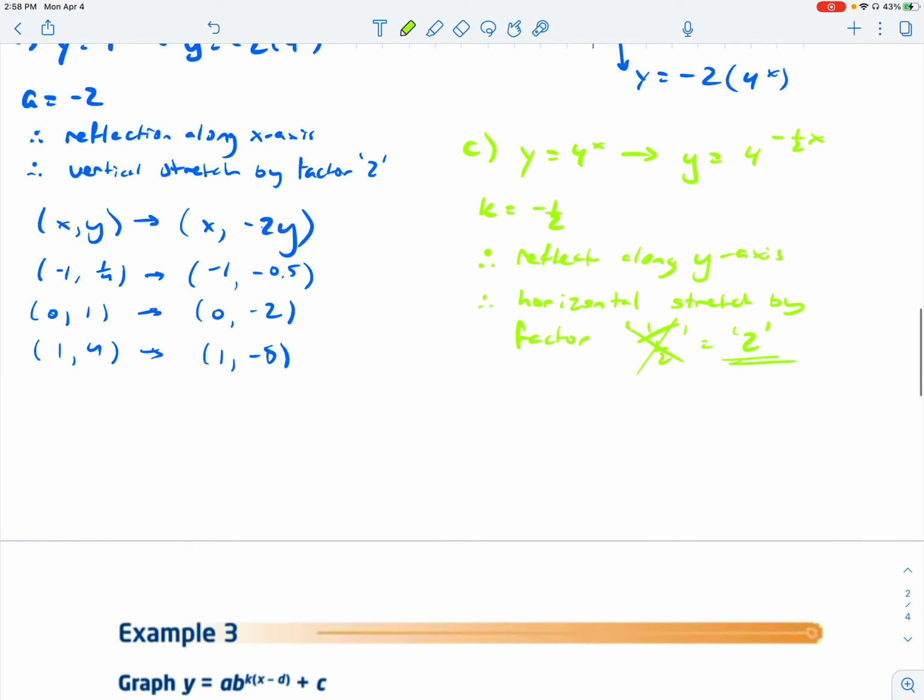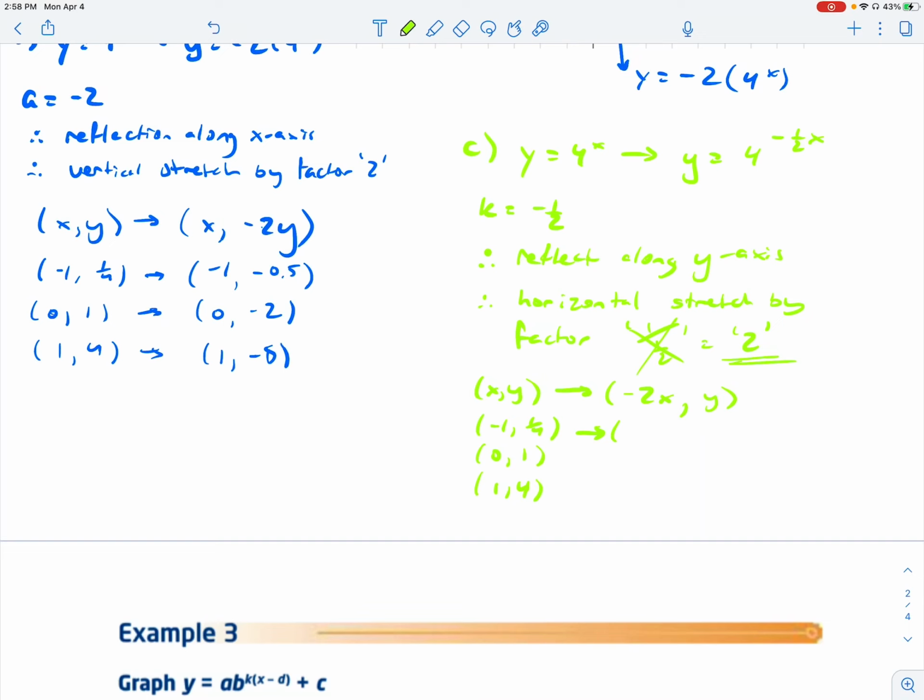All right, so my base points for x, y, which are negative 1, a quarter, 0, 1, 1, 4, those all map over. This time x is changing, so remember it reflects, so it becomes negative, and it's being stretched, so it's going to be negative 2 times x. And our y value remains the same.